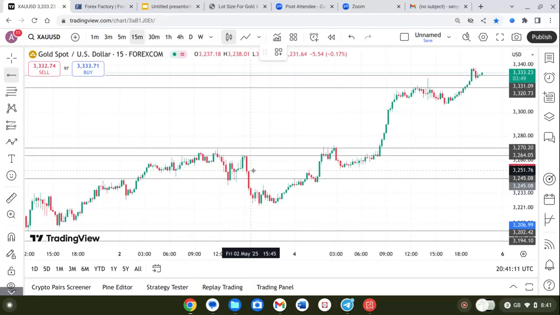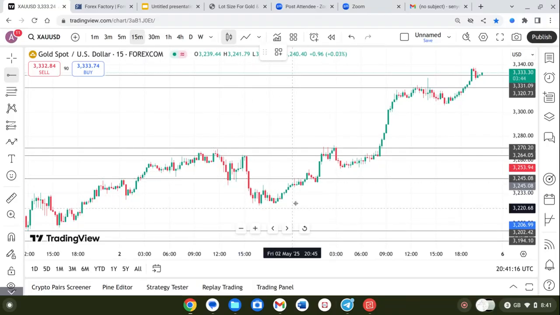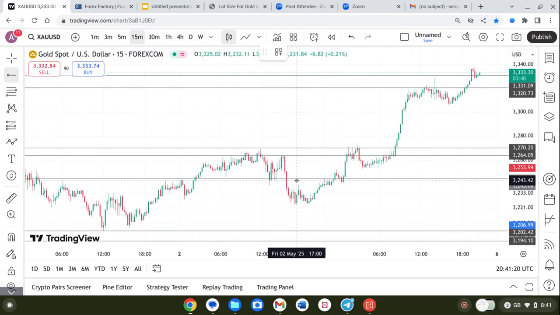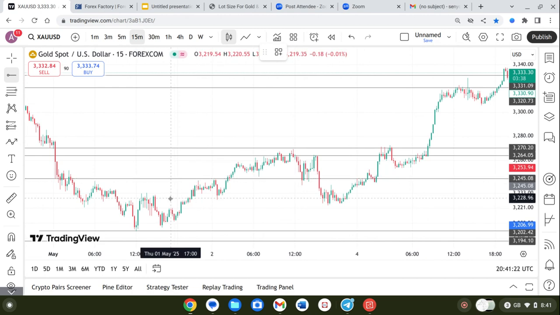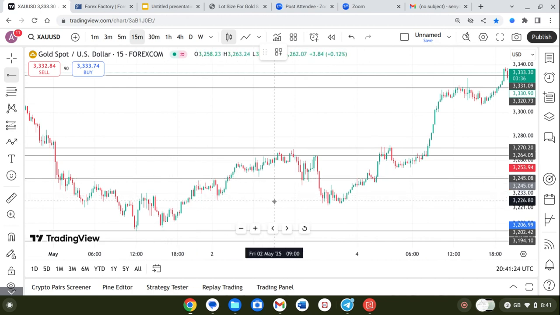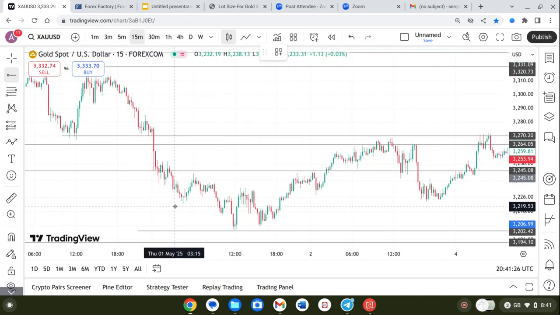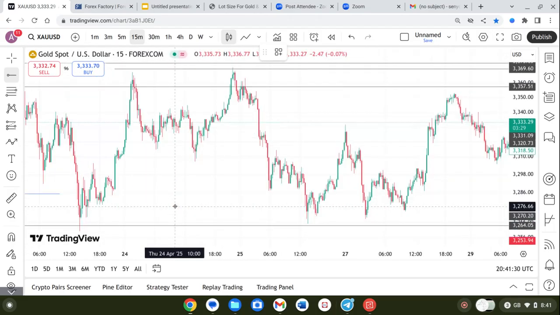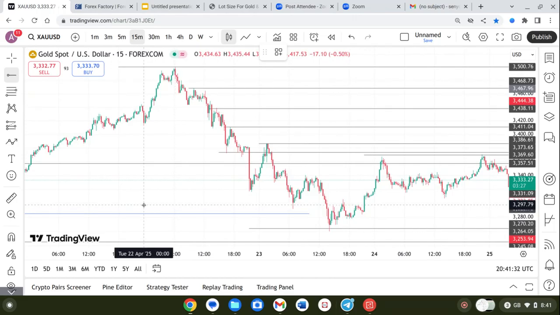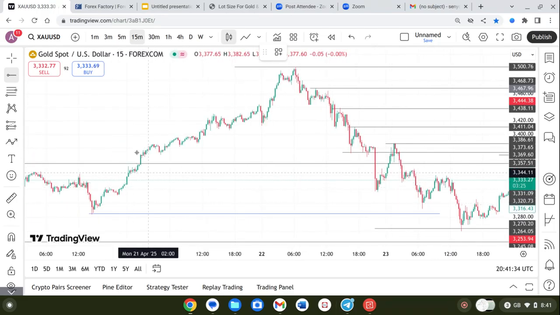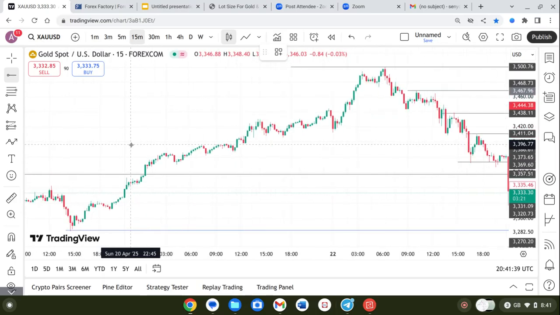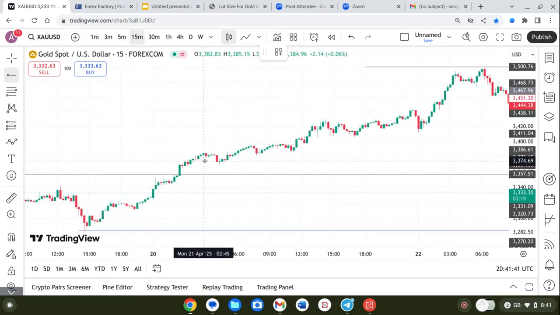So here we had this. You expect a pullback to this area. There are small areas you see in the market that are important. I want a good place to demonstrate this. Let's use this area. This will be a very good one. There's an uptrend, obviously.